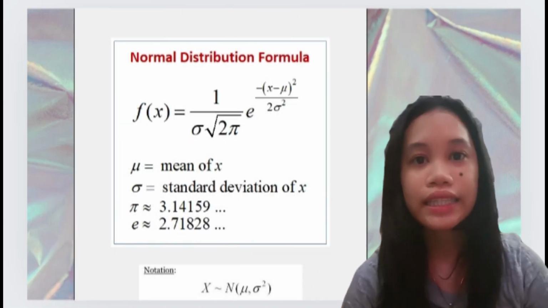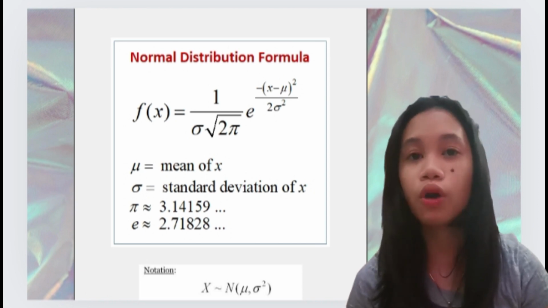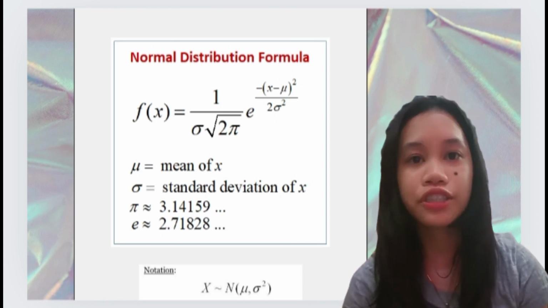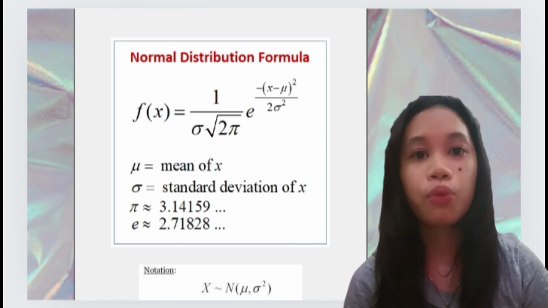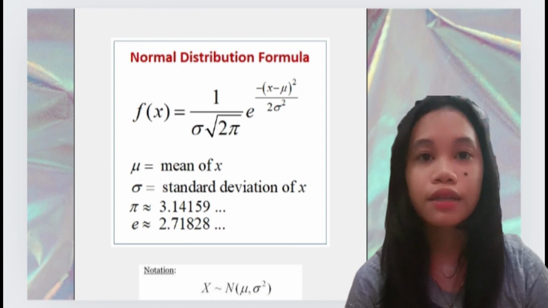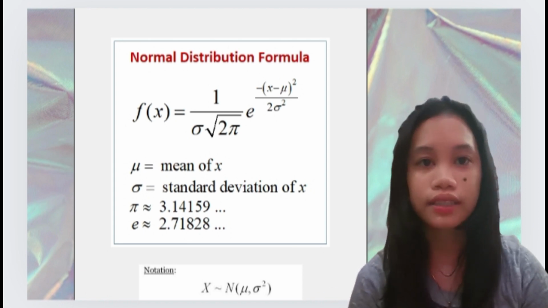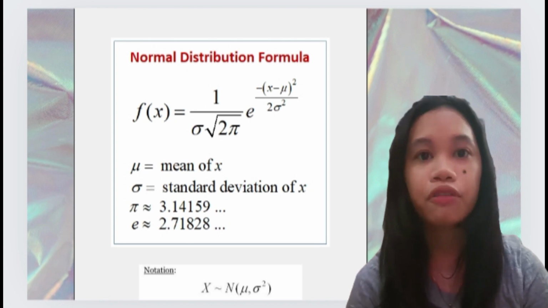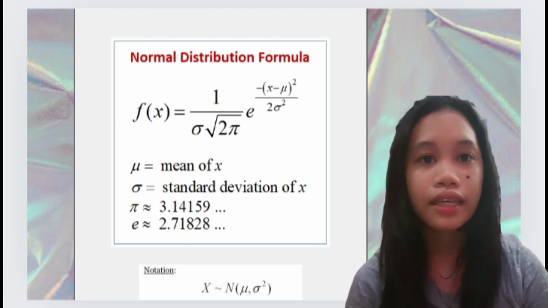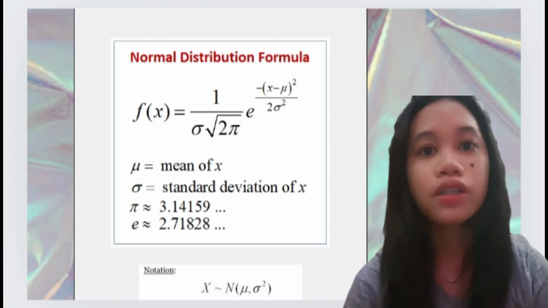As you can see, the normal distribution formula is f(x) equals 1 over standard deviation times the square root of 2 pi, times e to the power of negative one half of ((x minus mu) over sigma) squared. The mean of x is mu, the standard deviation of x is sigma, and pi is 3.14, and e is 2.71 or 72.